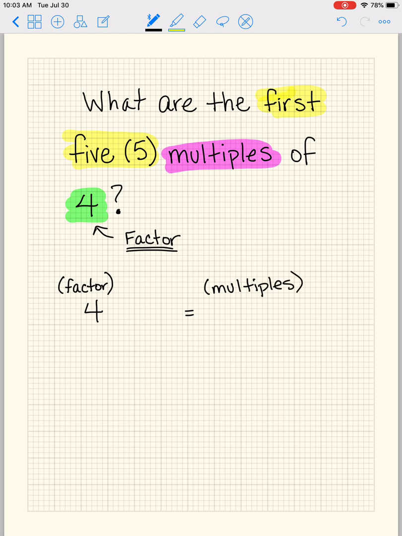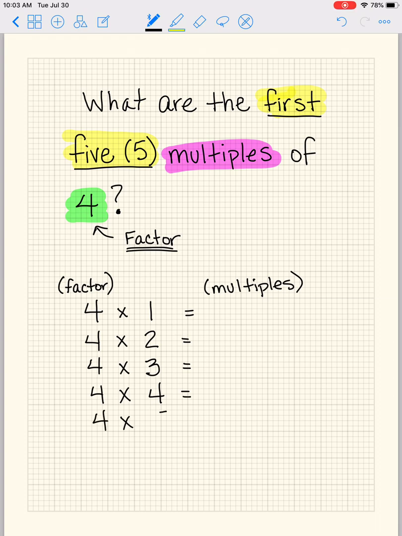Okay? Now, when it says the first 5 multiples of 4, what that's telling me to do is to multiply my factor 4 times 1. Then I'm going to rewrite 4 times 2, 4 times 3, 4 times 4 and 4 times 5.